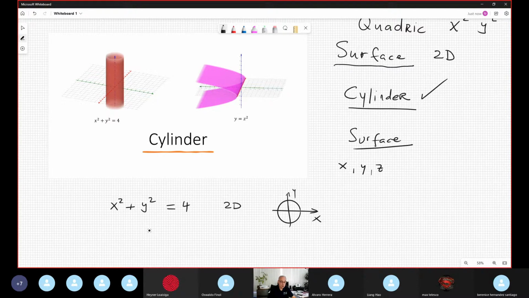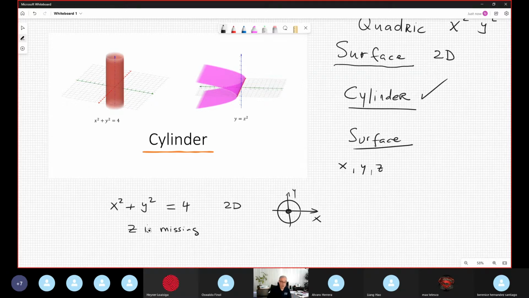You assume, if z is missing, that it is any real number. Therefore, this axis, the z-axis, perpendicular to the xy-plane, makes a cylinder. It extends forever out of the board and into the board in any direction. Do you understand the idea? Cylinder?